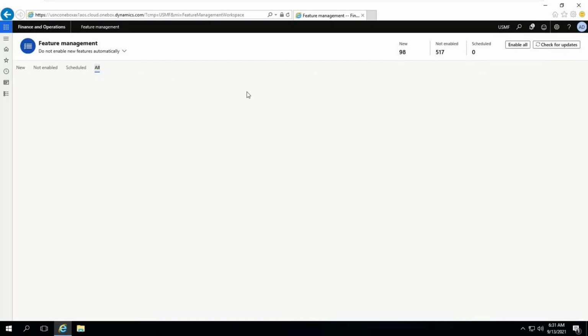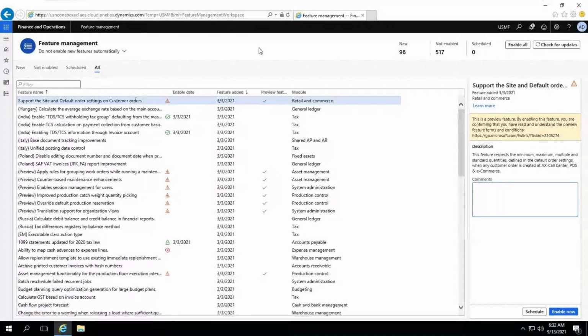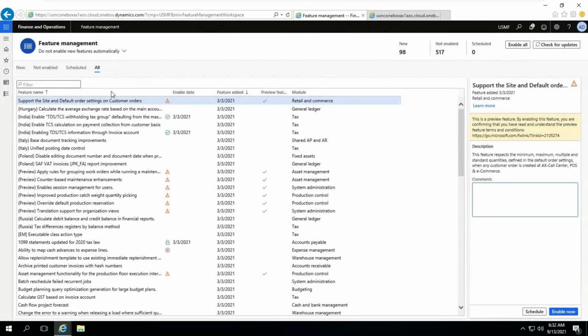You need to come here and enable the landed cost module. You can filter by landed. Let me show you. I'm just filtering here.